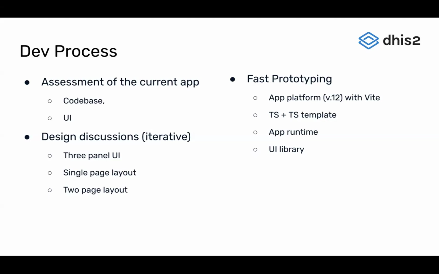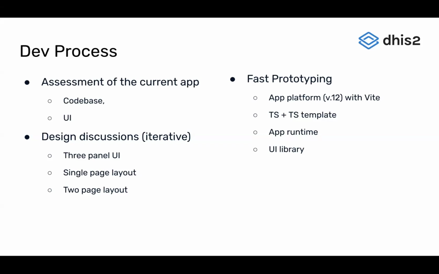To create the different UIs, they have different components layered in there. But what made it quite fast to prototype and give results was making use of the DHIS2 UI library.